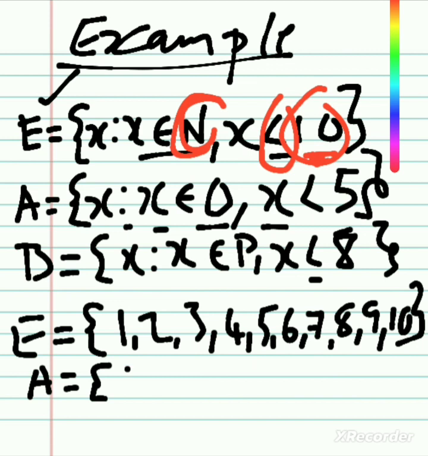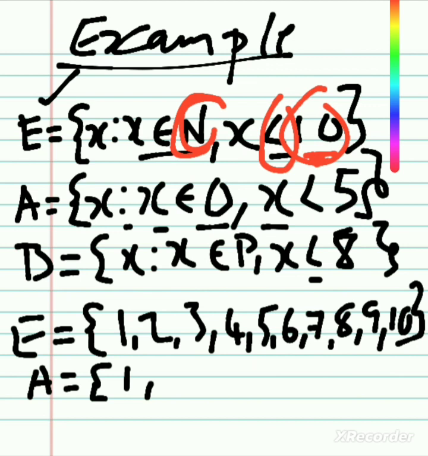So the first odd number is 1. An odd number is a number that 2 cannot go into without a remainder. Does that make sense? Let me say it again. An odd number is a number that is not divisible by 2. That is, if you divide it by 2, it will give you a remainder.